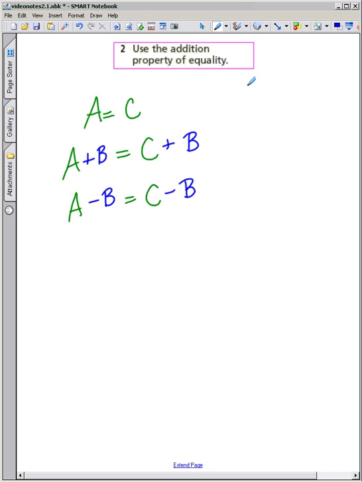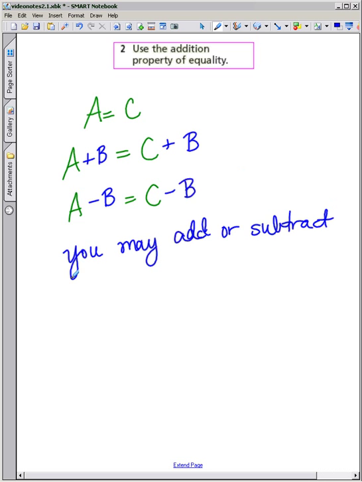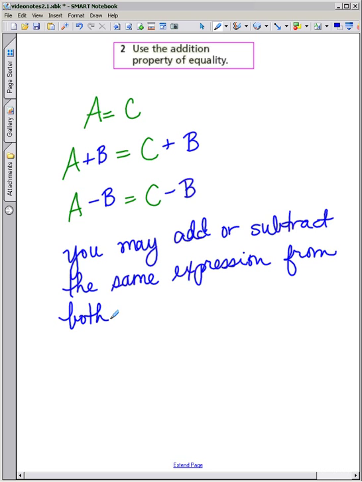So the addition property of equality says that you may add or subtract the same number or the same expression, same quantity, from both sides of an equation to produce an equivalent equation.